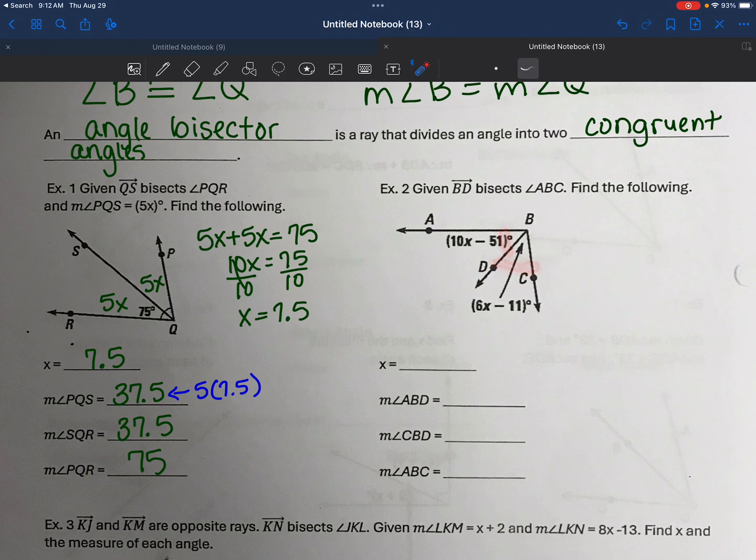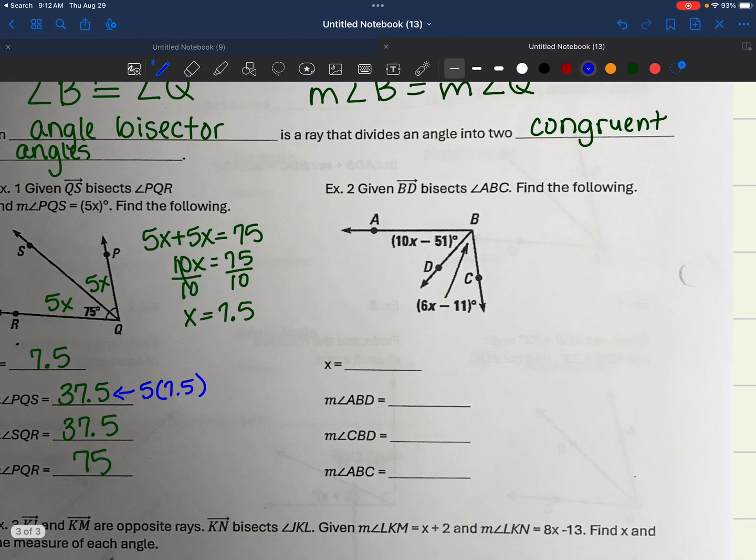Ray BD bisects the whole angle, so I know that this angle is congruent to the one next to it. So if I know these two are congruent, how can I solve? What does congruent mean? I'll set them equal to each other. So this is where we have to be careful. We have to understand, when do I set them equal, or when do I add and set them equal to a total, okay?